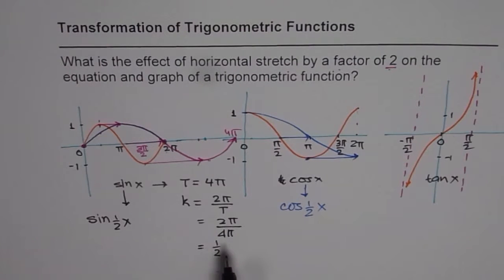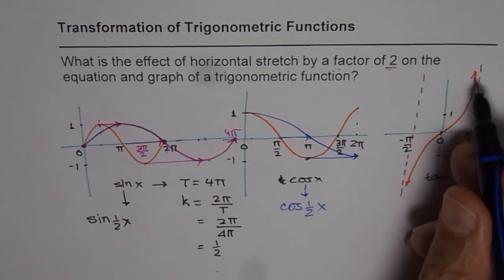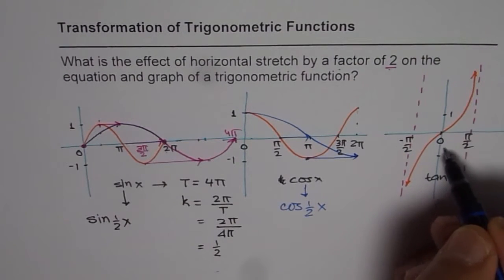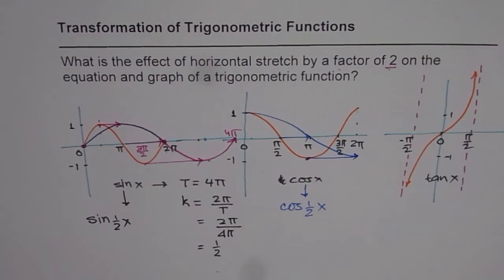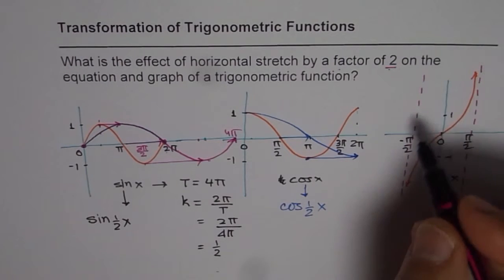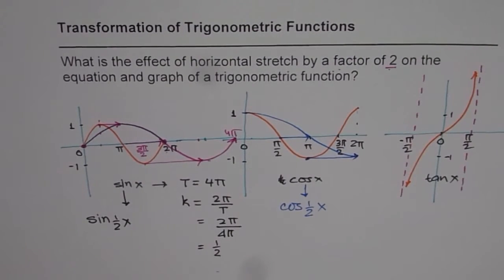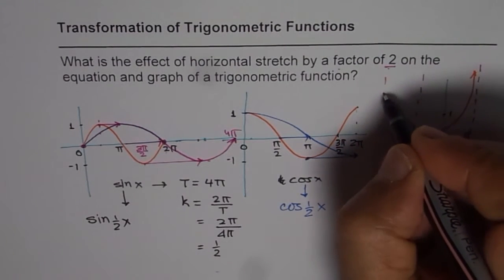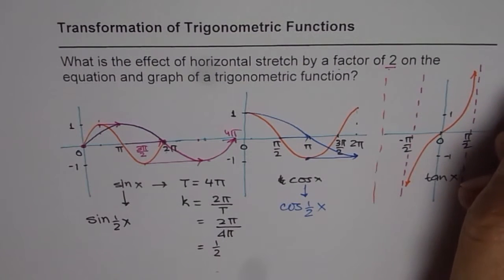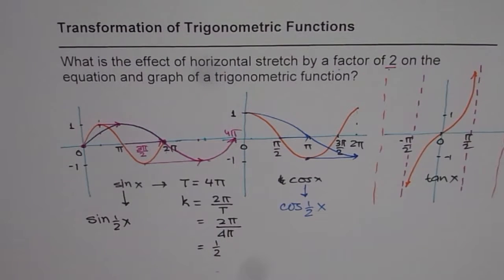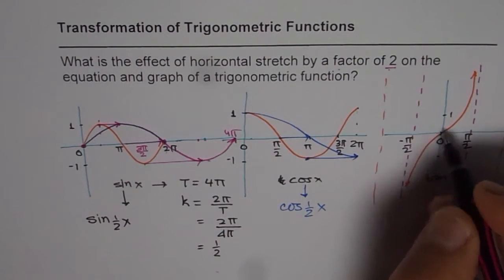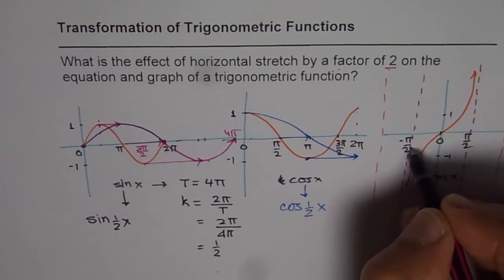Do you understand? In the case of tan function, horizontally if I am multiplying every value by 2, 0 remains at 0 and these vertical asymptotes will now be not at minus pi by 2, but they will now be at, let me use a different color, at minus pi and at pi. Do you see that? And the transformed function for me will be kind of every point stretching twice.